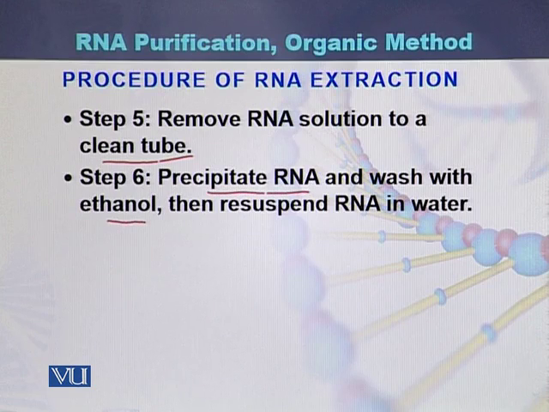Once the aqueous phase has been taken into another tube, precipitation of the RNA is done with the help of ethanol or isopropanol. Mostly ethanol is used in the case of RNA. Then the RNA is resuspended in water for further molecular biology techniques or further study of the RNA.